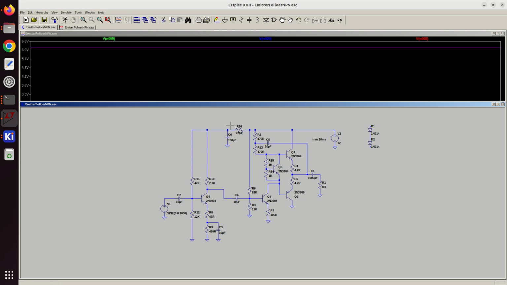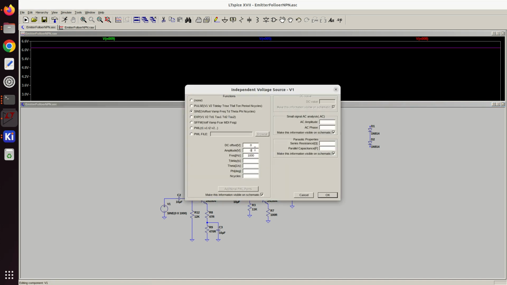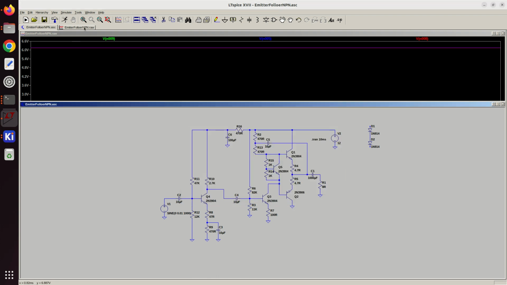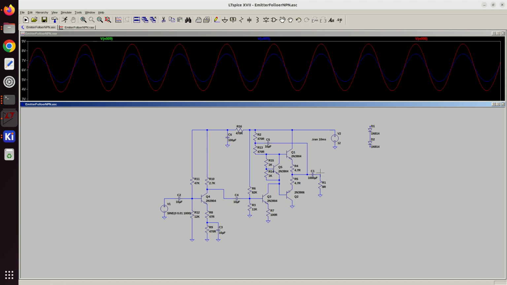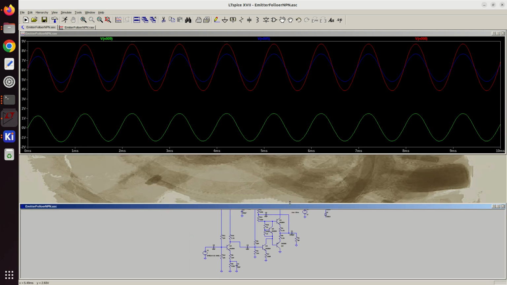So we're just above the 6 mark, and let's see, does that 0.01, so 10 millivolts. Simulate, look at the output. Okay, all back to normal.